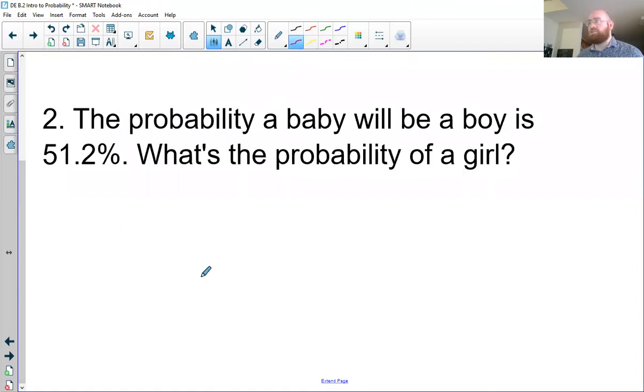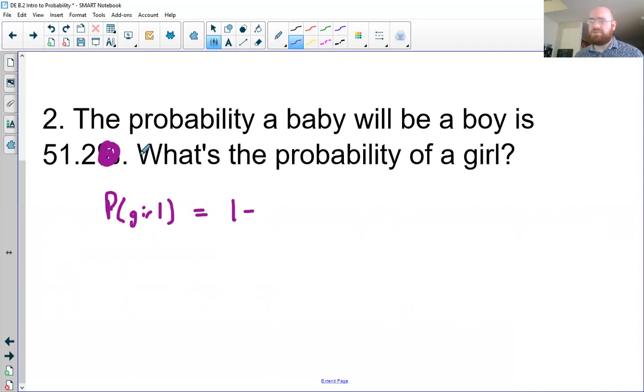How about a question about gender? The probability that a baby will be a boy is 51.2%. What's the probability of a girl? So the probability of girl is 1, but this is a percent.